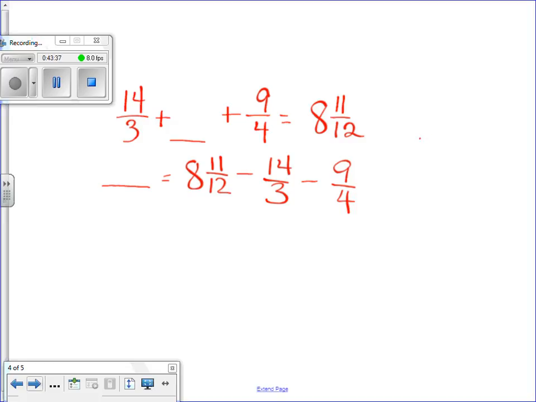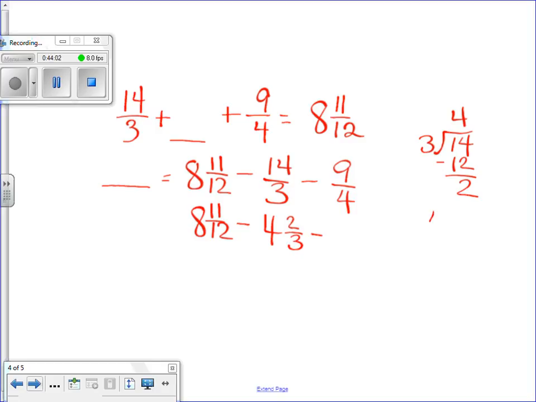So 3/14. How many times does 3 go into 14? No, I'm not talking about that. How many times does 3 go into 14? 4 times. Oh, no, I'm sorry. So you have 8 and 11/12 minus 4 and 2/3. 4 into 9. 2.